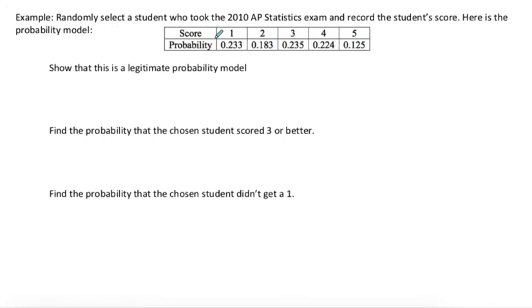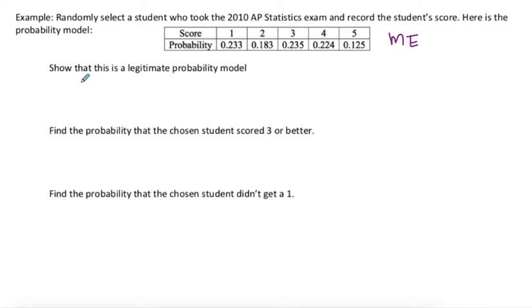On our last example, it says randomly select a student who took the 2010 AP Statistics exam and record the student's score. Here's the probability model. So they could have a 1, a 2, a 3, a 4, or a 5. And again, these are mutually exclusive events because you can't get a 5 and a 1. They're not going to do that to us.